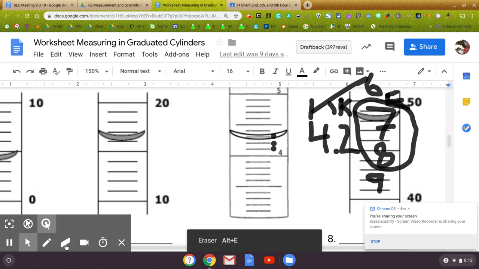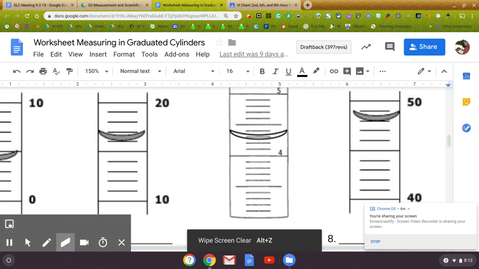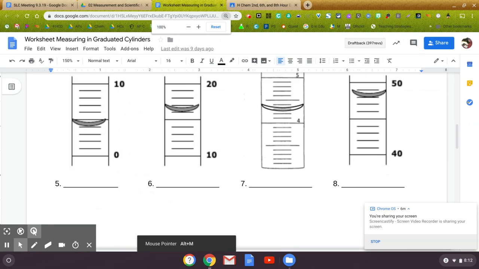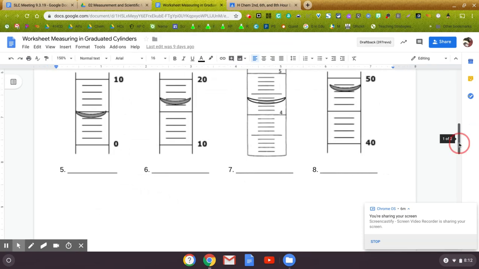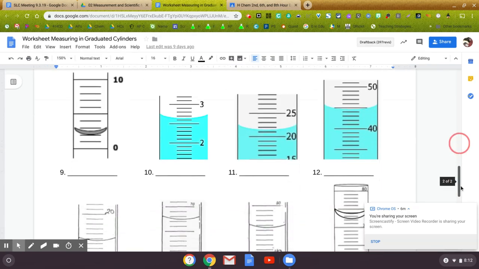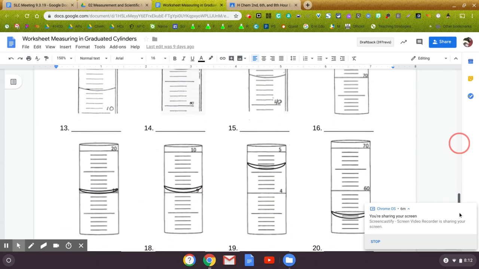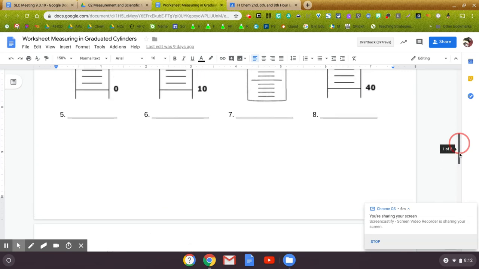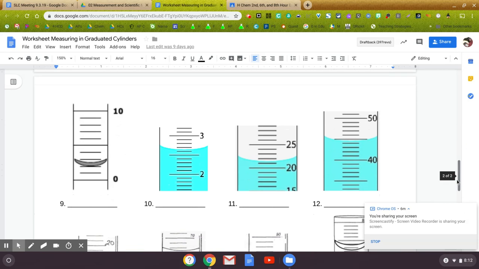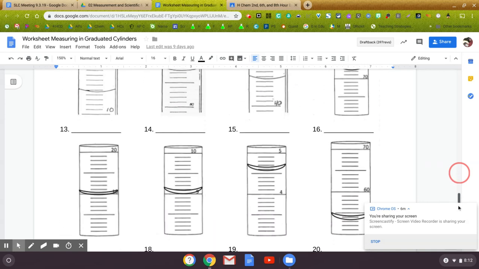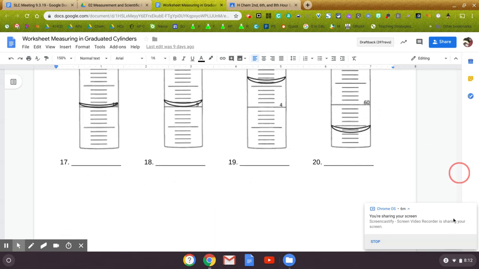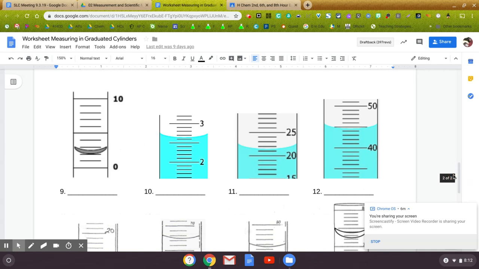So when you're looking at these other graduated cylinders on here, I'm giving you a bunch of different graduated cylinders with different ways to look at a meniscus, so you're kind of well versed. Looking at a graduated cylinder seems like it should be easy, but there's actually some level of difficulty doing that. So it just takes some practice. So we're going to look at all of these that are on paper, practice them, please check them over with a neighbor, see how you're doing, come up with some reasonable answers, then please check your work.